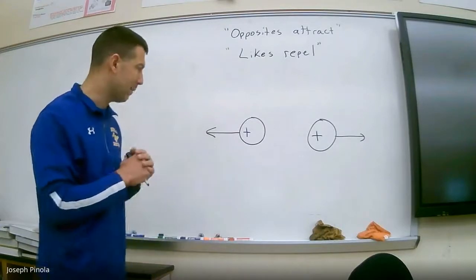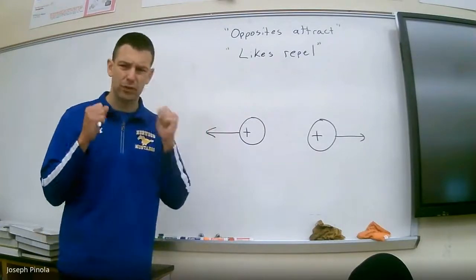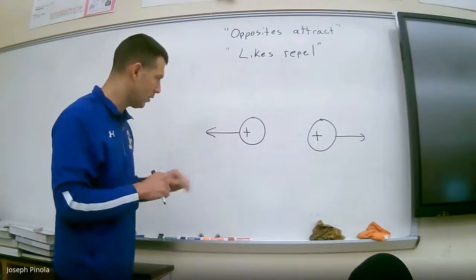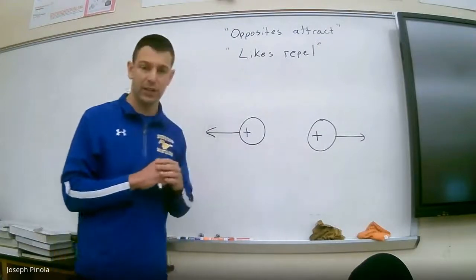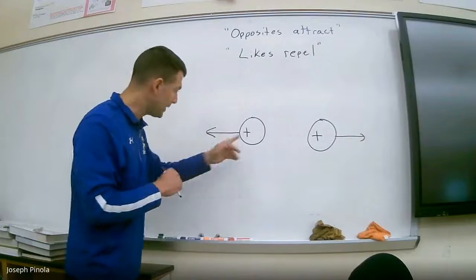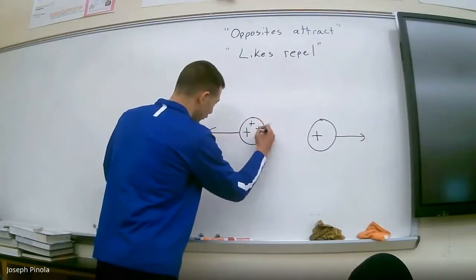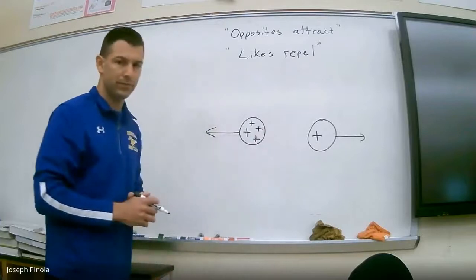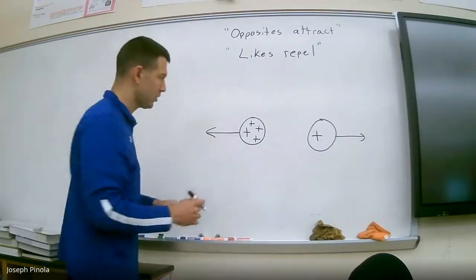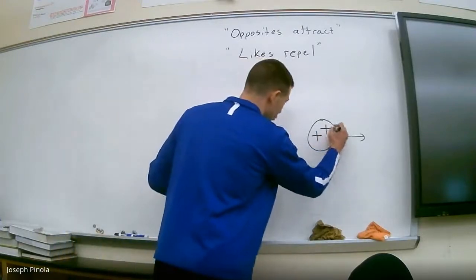Well, one thing that could happen is if the charges themselves were stronger. Right now, I just put one positive sign on each one. But let's say that this charge on the left actually was made of 4 protons, and the charge on the right was made of 2 protons.